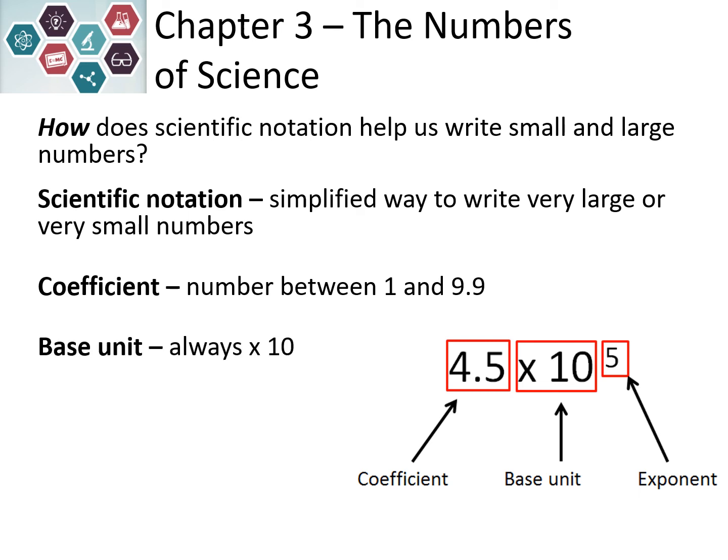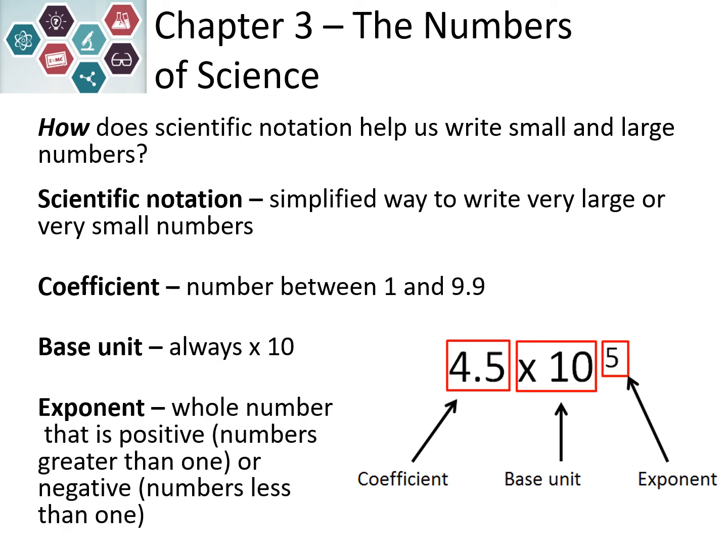We have a base unit, and then it is always times 10, so we're always using times 10 as our base unit. And then we have an exponent. That exponent can either be positive or negative. It's positive when our numbers are larger than 1. It's negative when our numbers are smaller than 1.